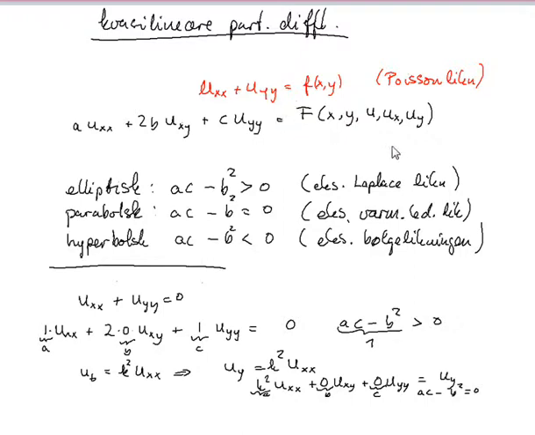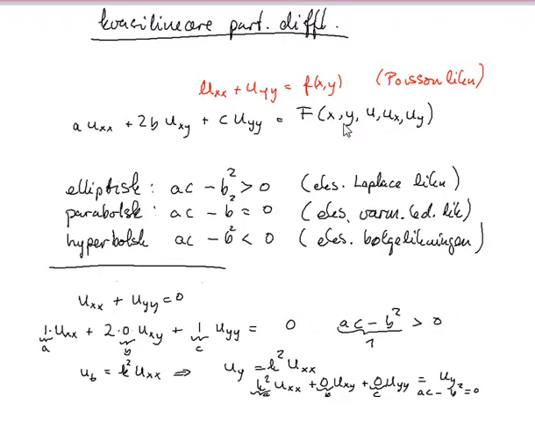And on the right hand side of the equation we have some function which is not necessarily linear, but is a function of the spatial coordinates x and y. Actually, it does not need to be spatial coordinates. It can also be the time t.